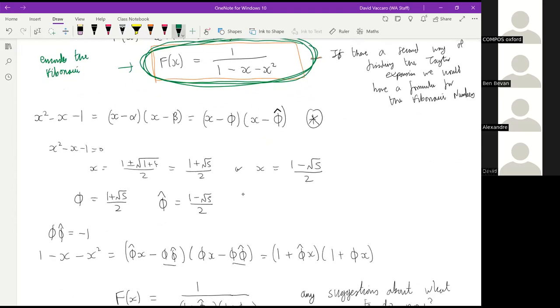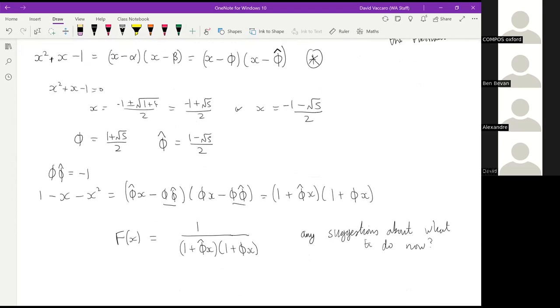What I've done is factorize this quadratic by finding the roots of this quadratic equation, and I've reached this point.